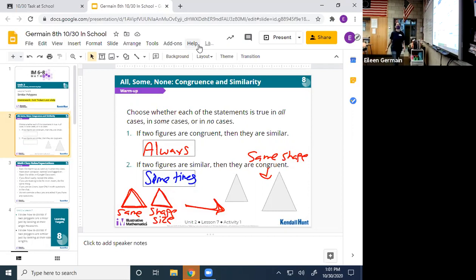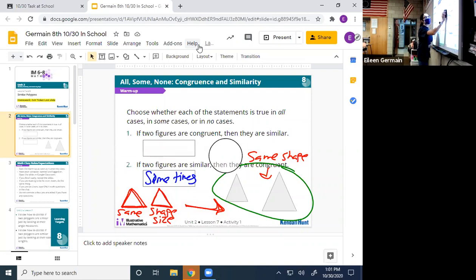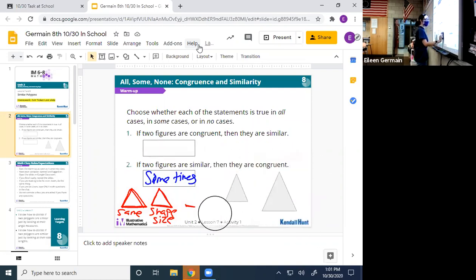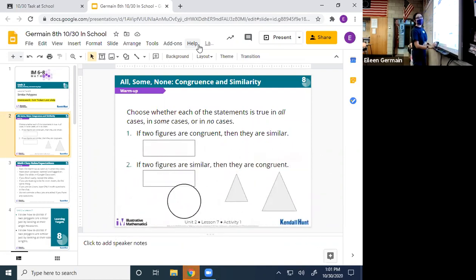Because sometimes we have shapes that look like this that are just the same shape, not necessarily the same size. So sometimes similar figures can be congruent, but not all the time. Okay? So please feel free, if you're at home, to throw things in the chat if you're not understanding what I'm saying or if you need me to explain it more. Nice job, Jaden. I love that response in there. I had it up, but nice job. Okay? Awesome. Thank you, Olivia.